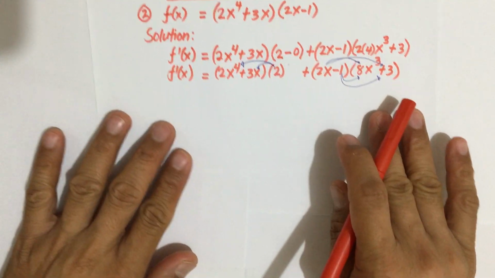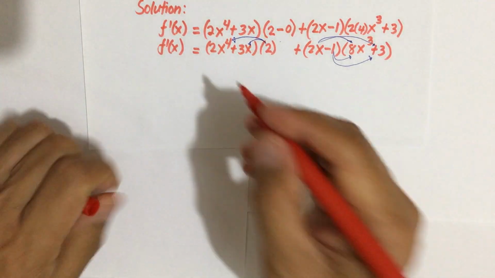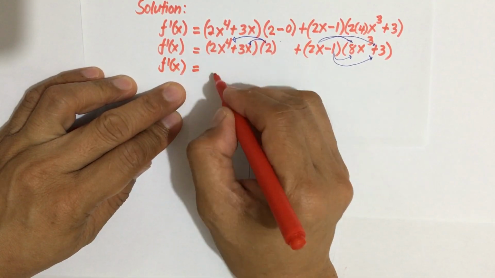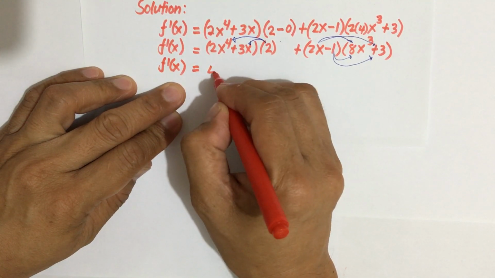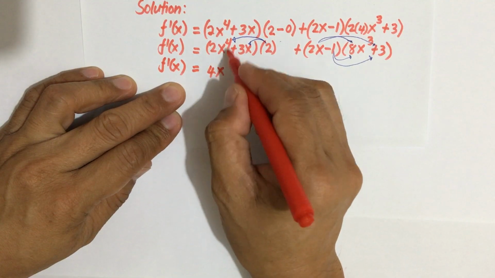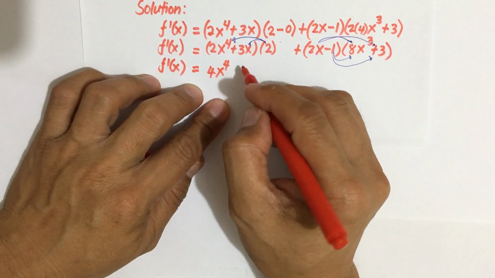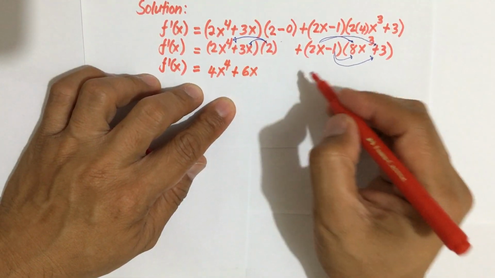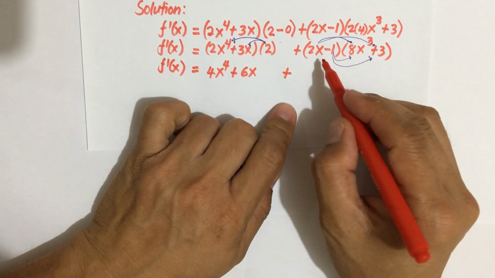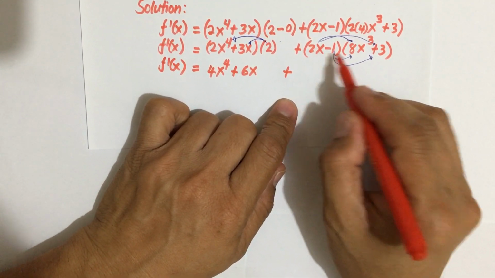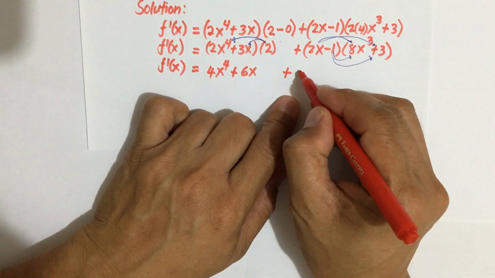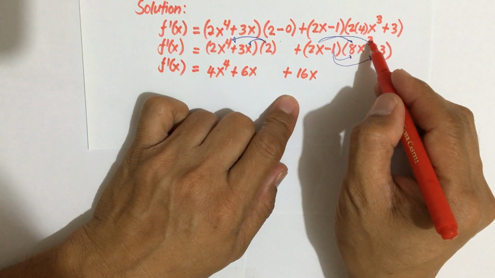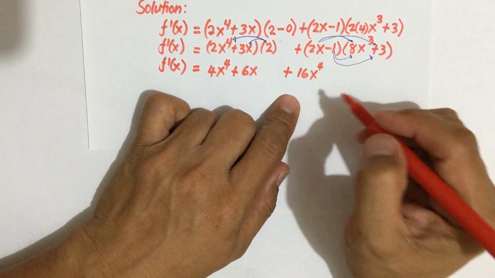So we have f prime of x equal to 2 times 2, that is 4x to the 4th power, then plus 2 times 3x, that is 6x, then plus 2x times 8x cubed, so that would be 16x to the, the exponent of x here is 1, the exponent here is 3, so you add exponents, so 16x to the 4th power.